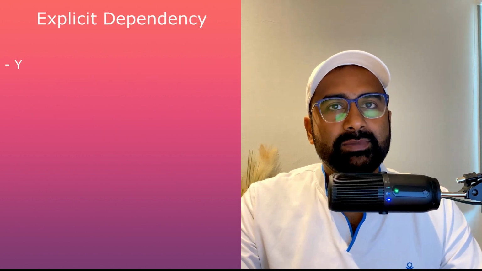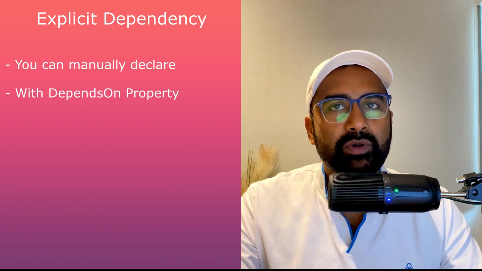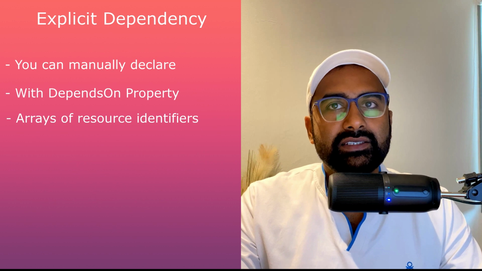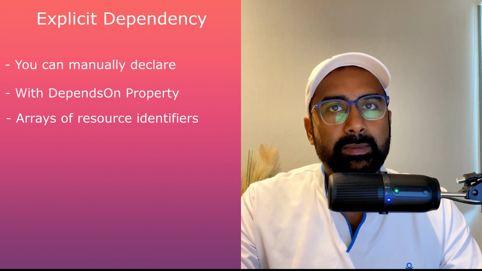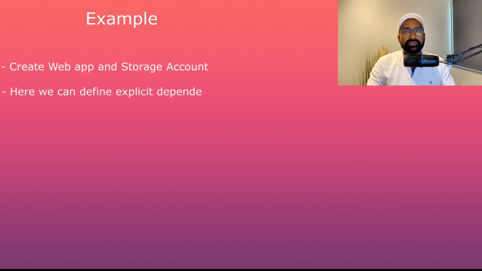Now coming to the explicit dependency. An explicit dependency is declared with the dependsOn property, and this property accepts an array of resource identifiers. Let's take an example. Assume that I have to create two resources. One is a storage account and the second is a web app.